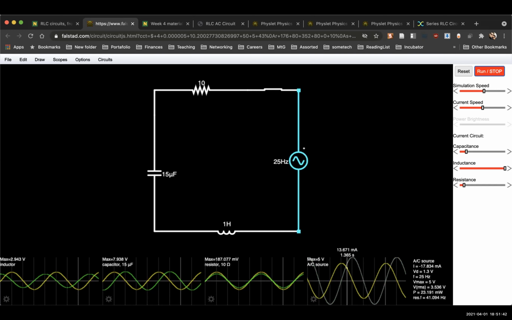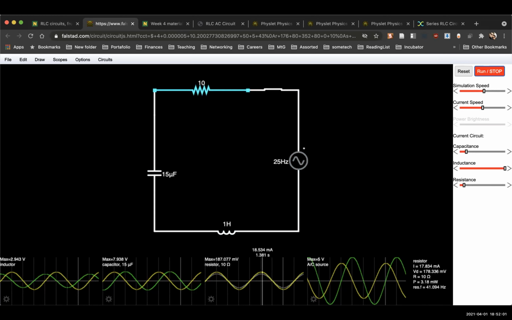What does this curve represent? Because these three graphs all have current maxima at the same time. And it makes sense that they should.